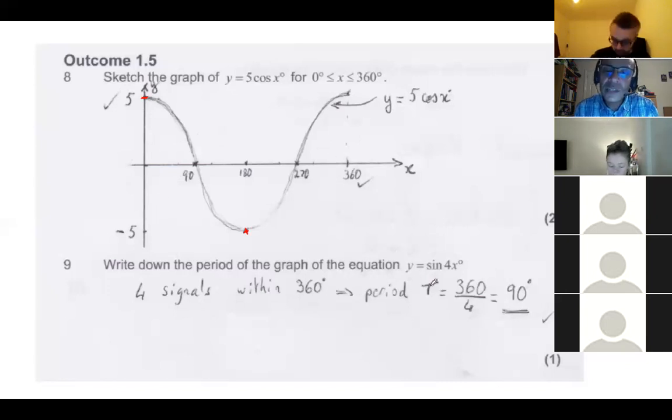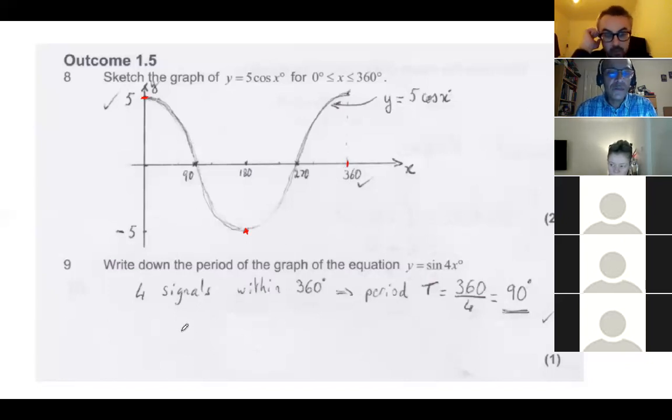So the next one was, what is the period? What we said about the period is, in the x-axis, what is the value where the signal starts to repeat itself?